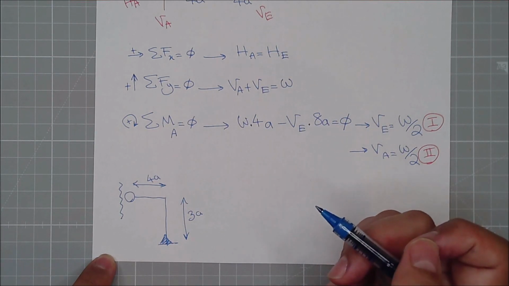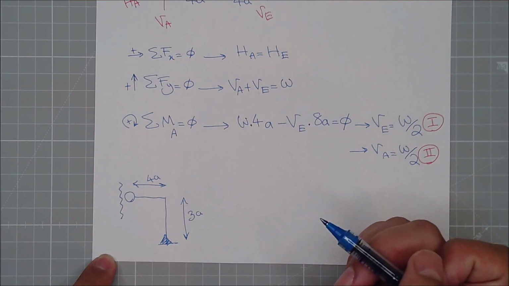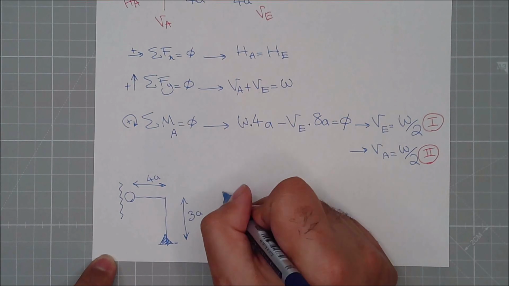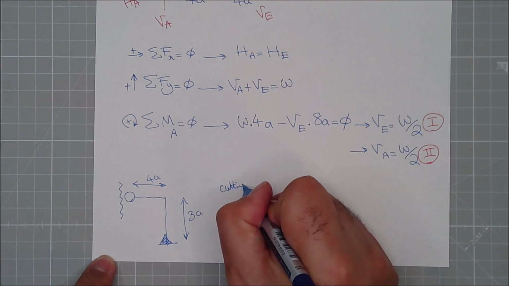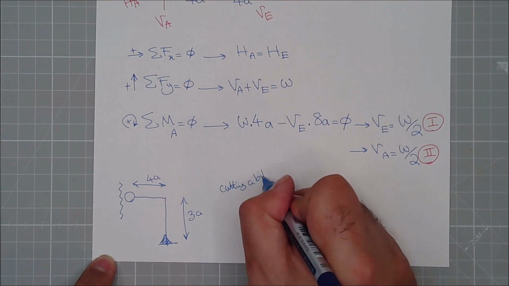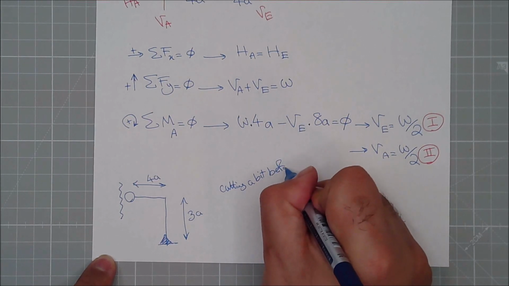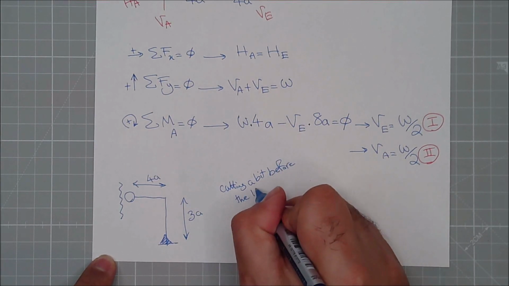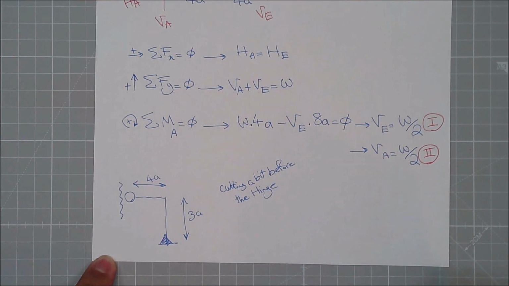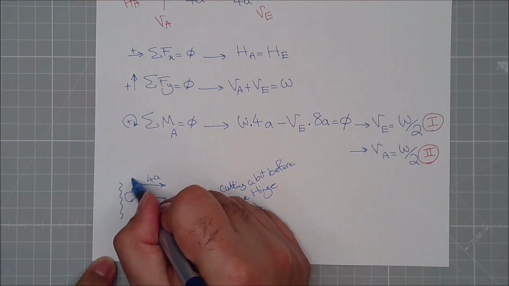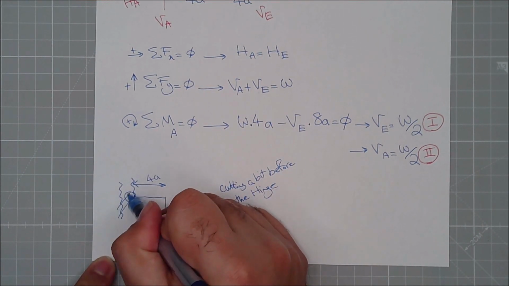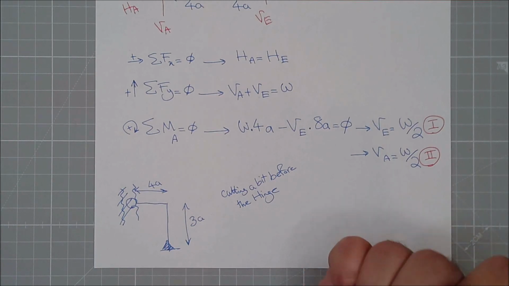Yeah, so I'm cutting a bit before the hinge. Yes, so actually if I draw it correctly, it's here, so I am getting rid of this.